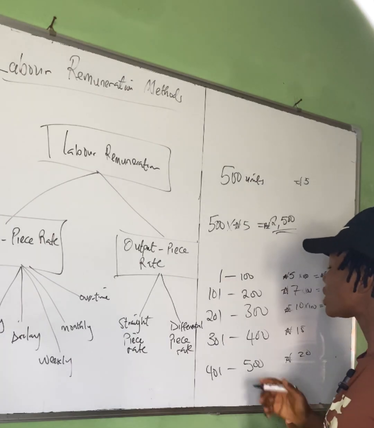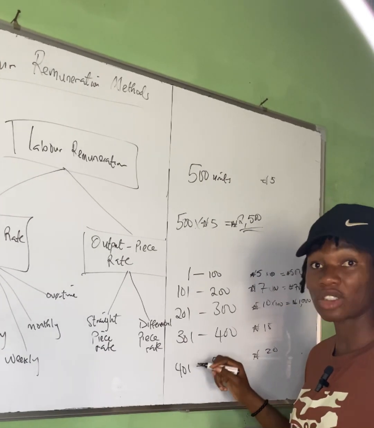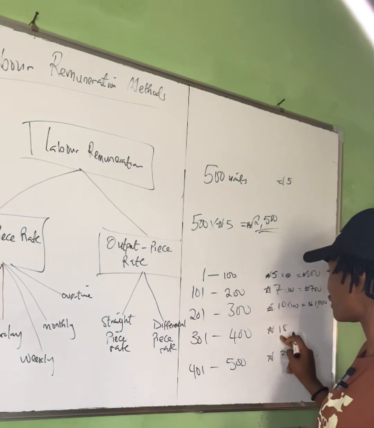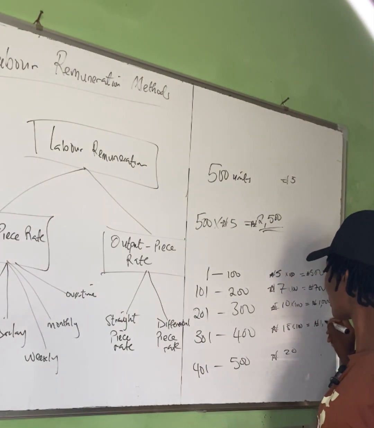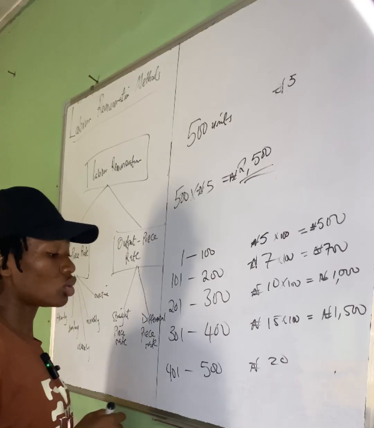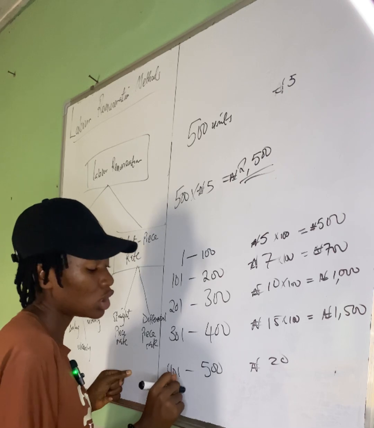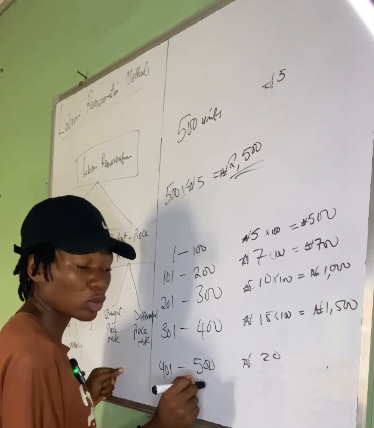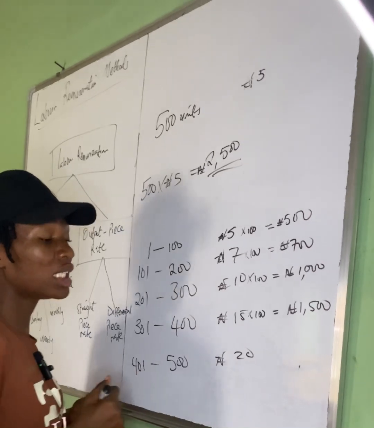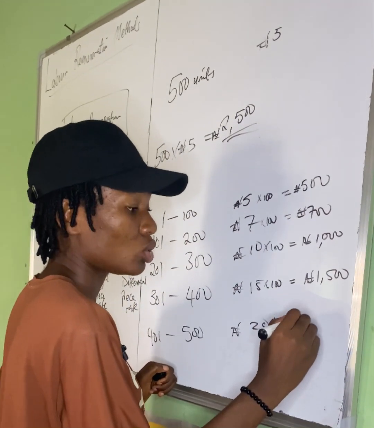And then we still have from 301 up to 400, another 100 units. We'll be calculating 15 times 100, and that will be giving us 1500 naira. For the last class interval, we are having from 401 units to the 500th unit, another 100 units, which is multiplied by 20 to give us 2000 naira.